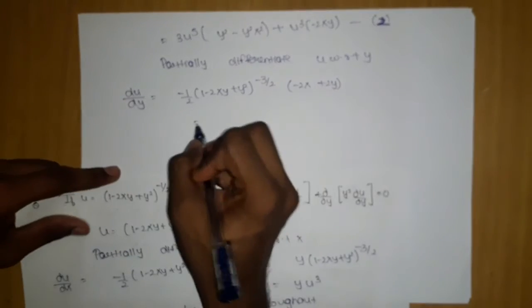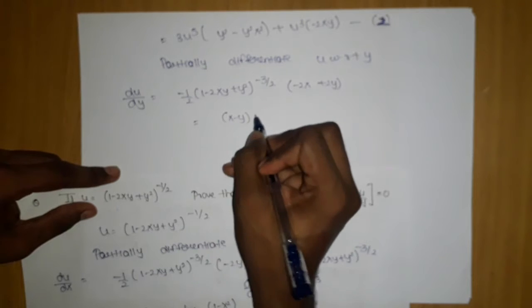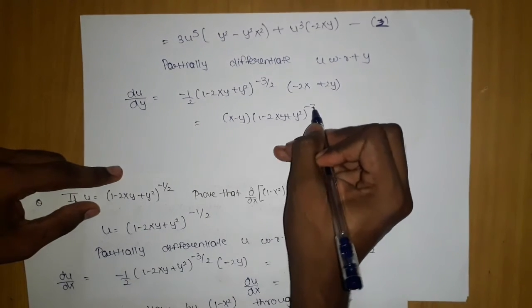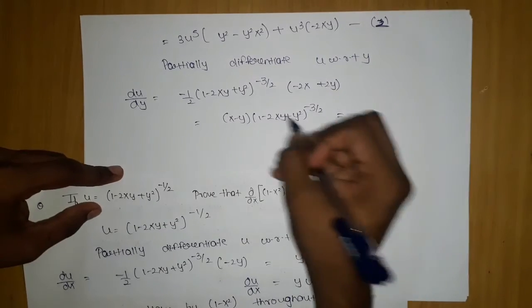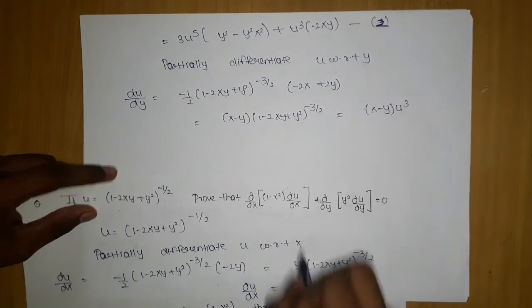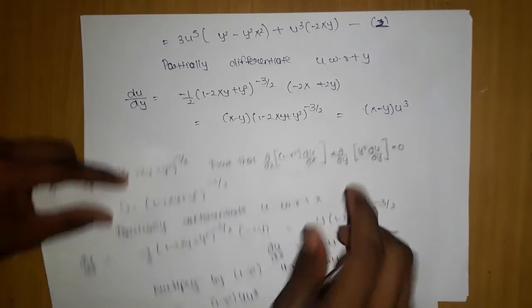If I simplify, I am going to get (x − y)(1 − 2xy + y²)^(−3/2). If you further simplify, you are going to get (x − y) u³. Now what they have told is to multiply throughout by y.